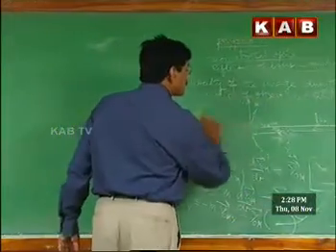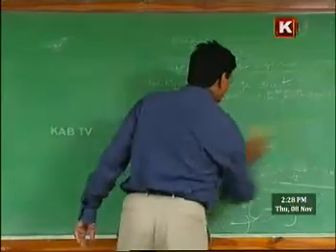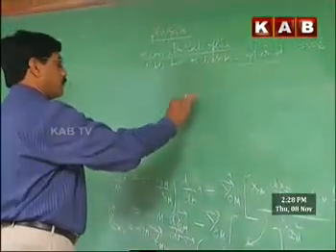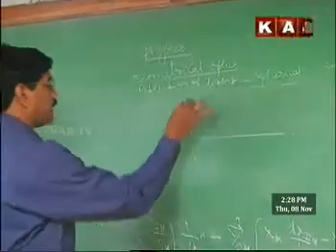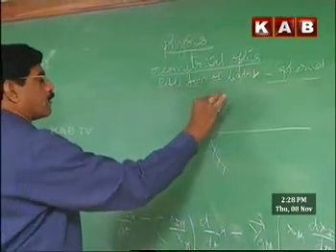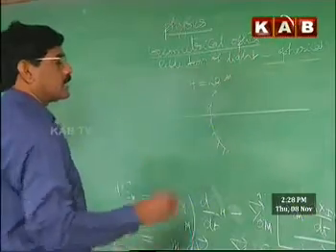Where do we come across the application of these problems? Let us consider a spherical mirror, here a concave mirror. Let the focal length of the concave mirror be 20 centimeters.